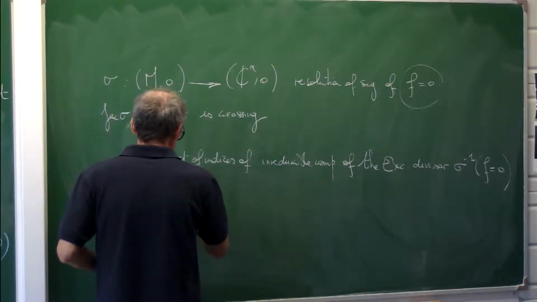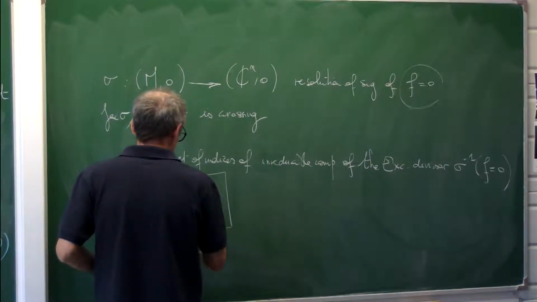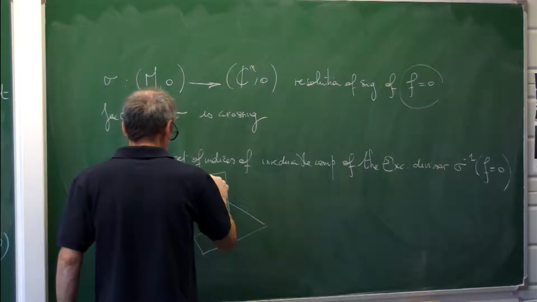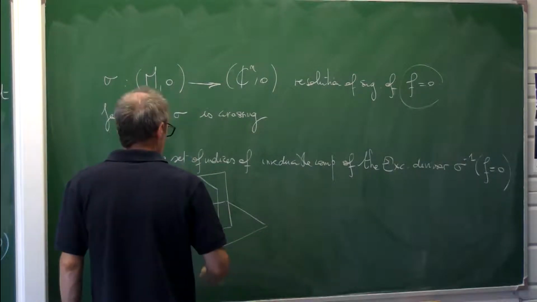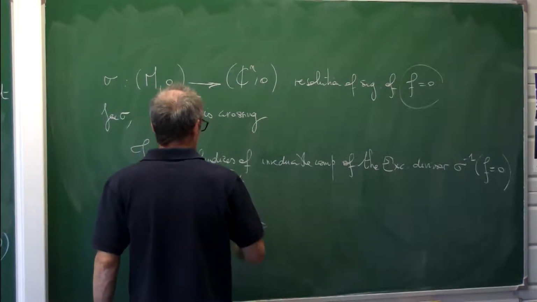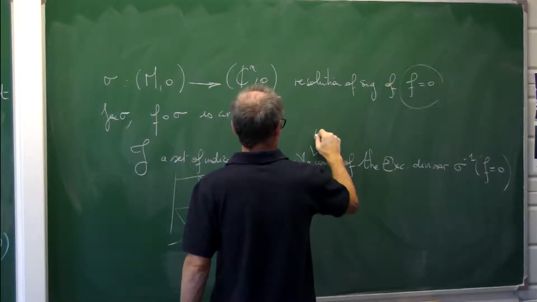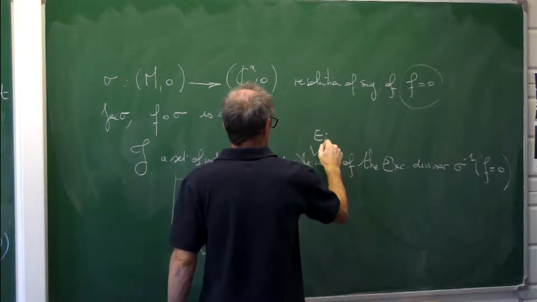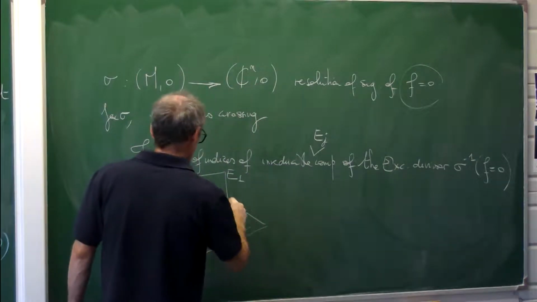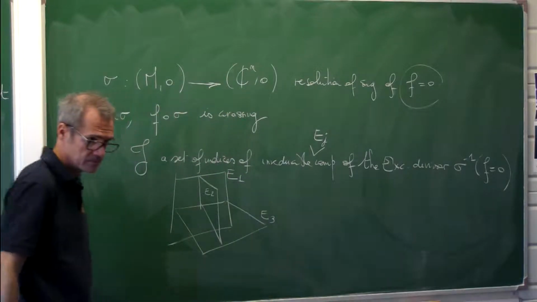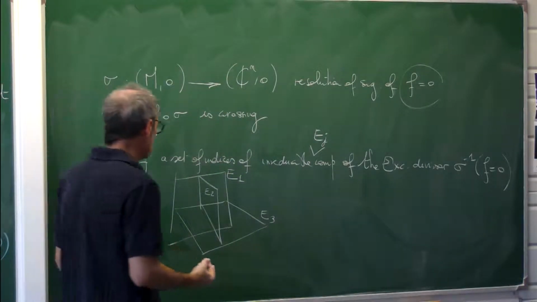Okay, so this is a picture, for instance. So you have, say, E1, E2, E3.